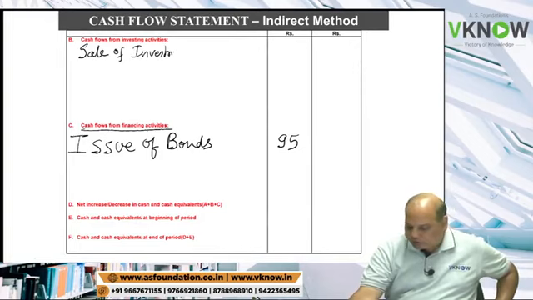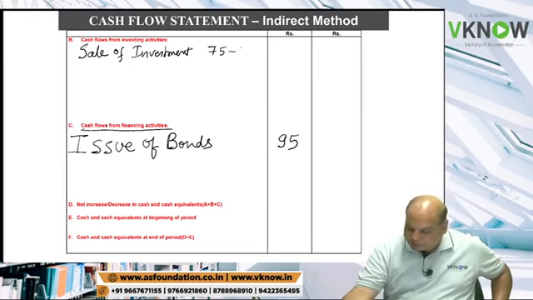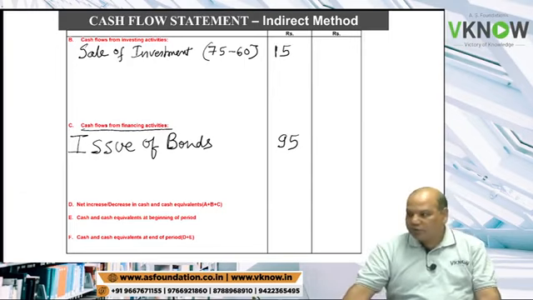It is not written off and it is not sold at a profit or a loss. Write in bracket 75 minus 60. 15 is your cash flow.